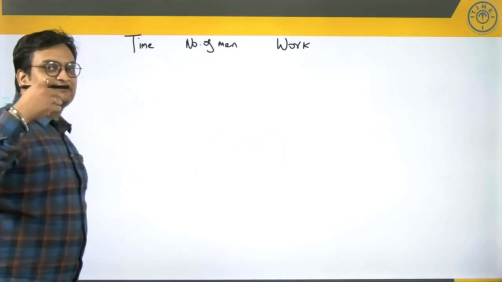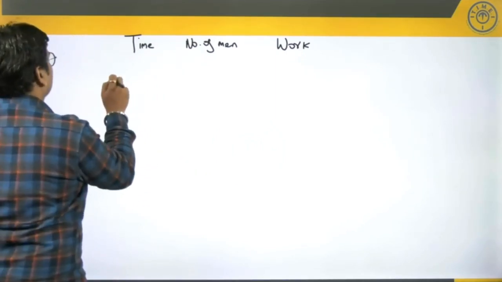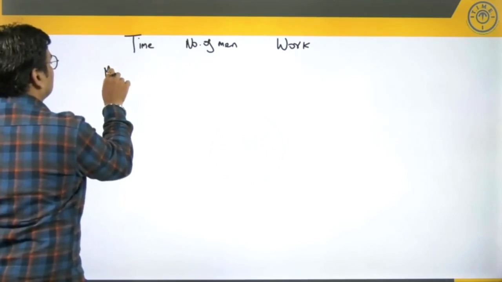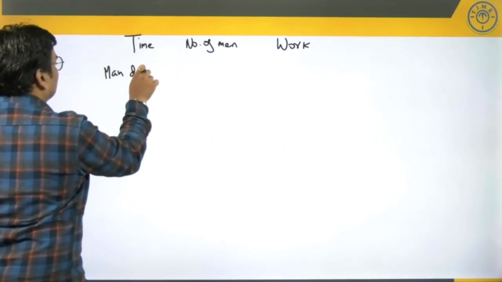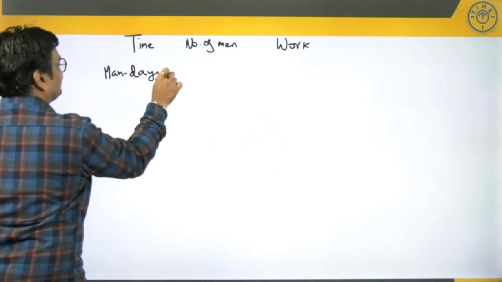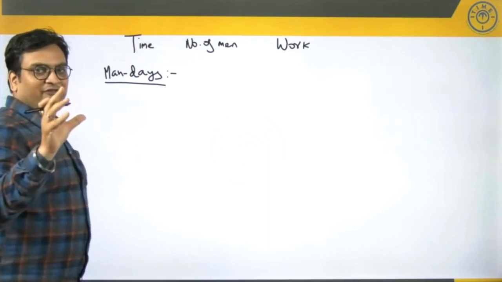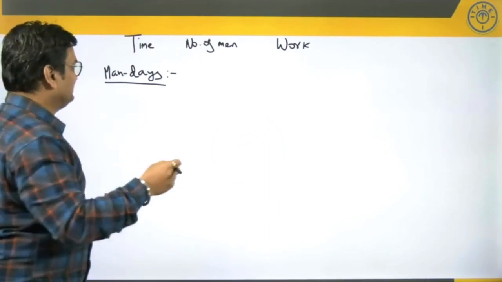So, one of the ways in which the work can be quantified is that the units are called man days. So, how do we quantify the work in terms of man days? It is pretty simple.